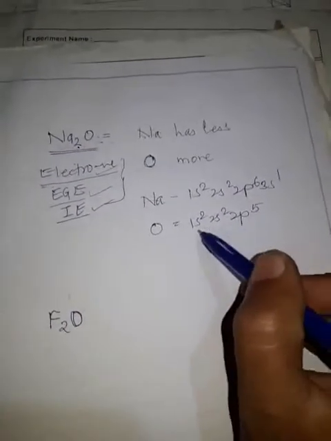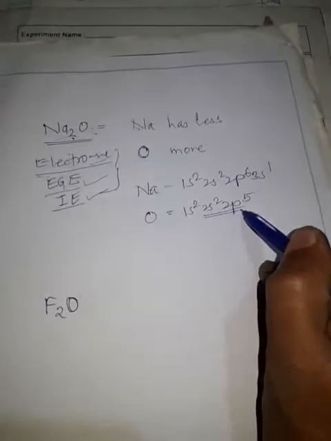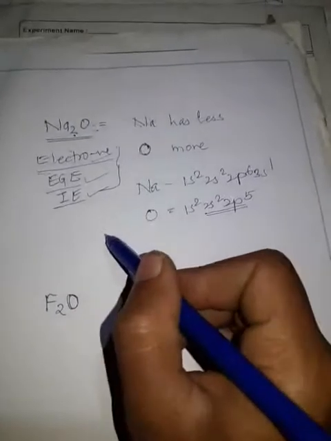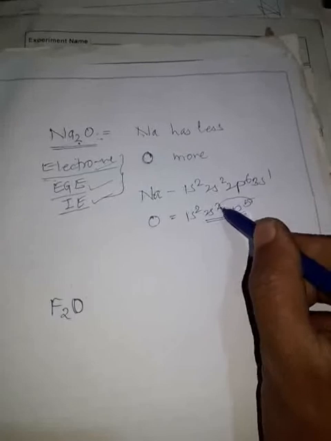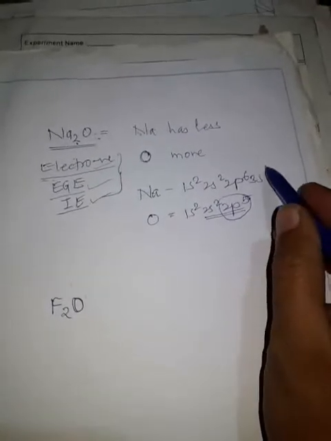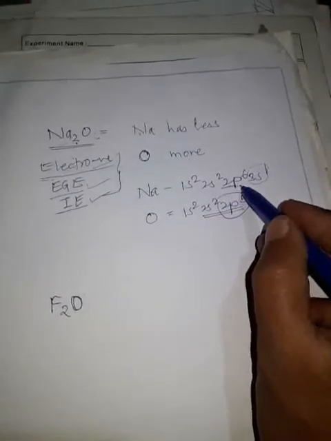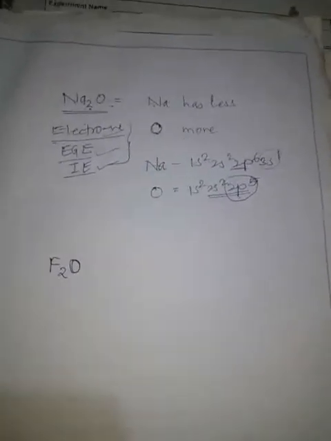Here oxygen requires only one electron to fill its p orbital. And if sodium releases one electron, its p will be filled. Now what we have studied, a half filled or fully filled electronic configuration has extra stability.